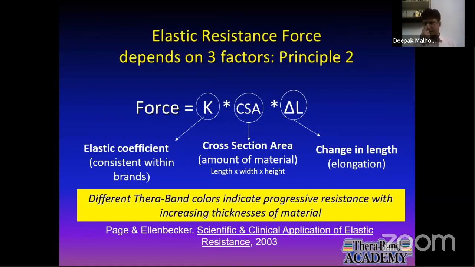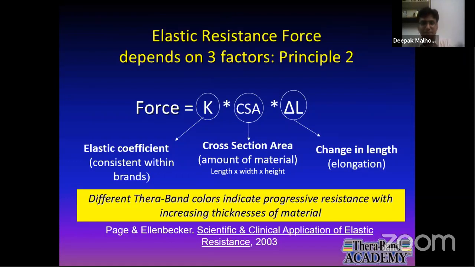And one thing I want to tell, most of you must have seen bands of various brand names, but there is an interesting fact: Thera-Band Academy or Performance Health, these bands are a product of Thera-Band. Thera-Band is a brand name.